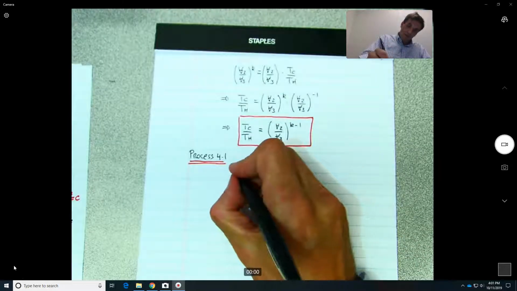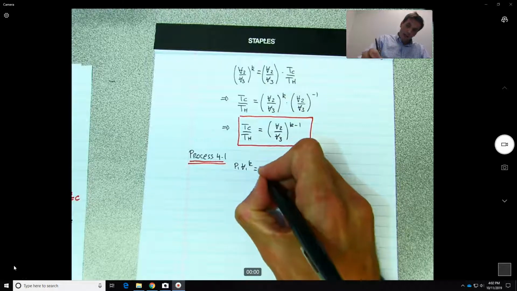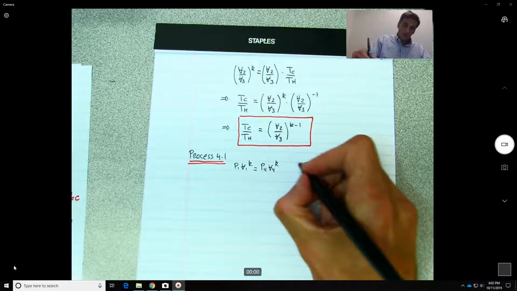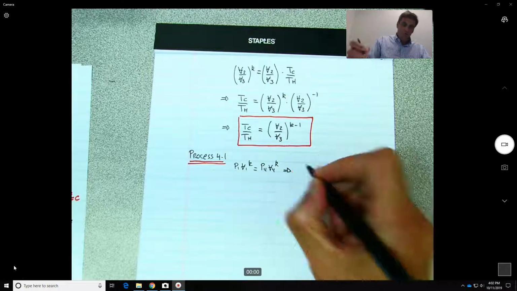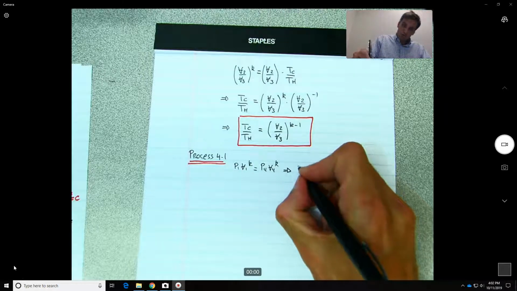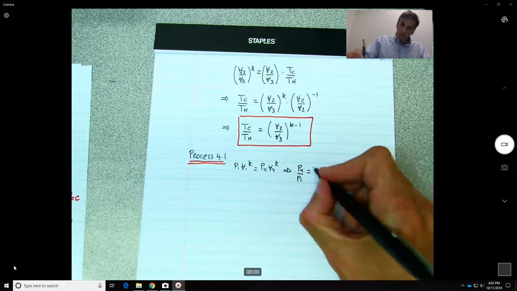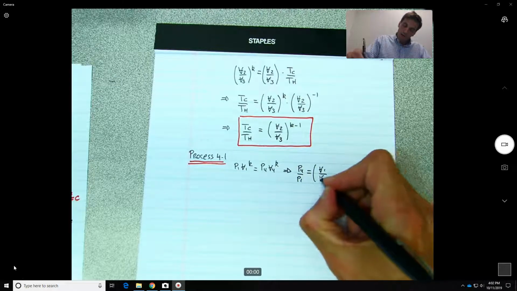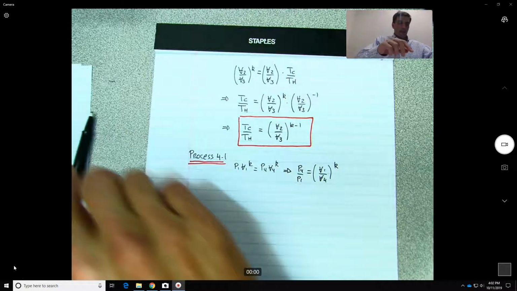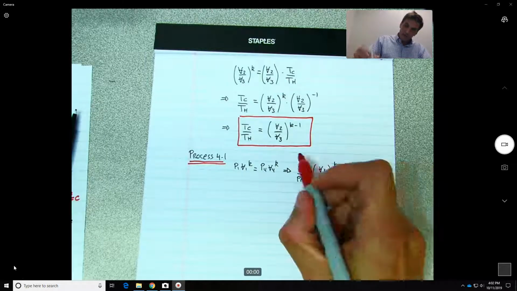We'll have P1 V1 to the K will be equal to P4 V4 to the K. So here, I don't know which one would be better. Let's say we do P4 over P1 would be equal to V1 over V4 to the K. And this would be our relation C.